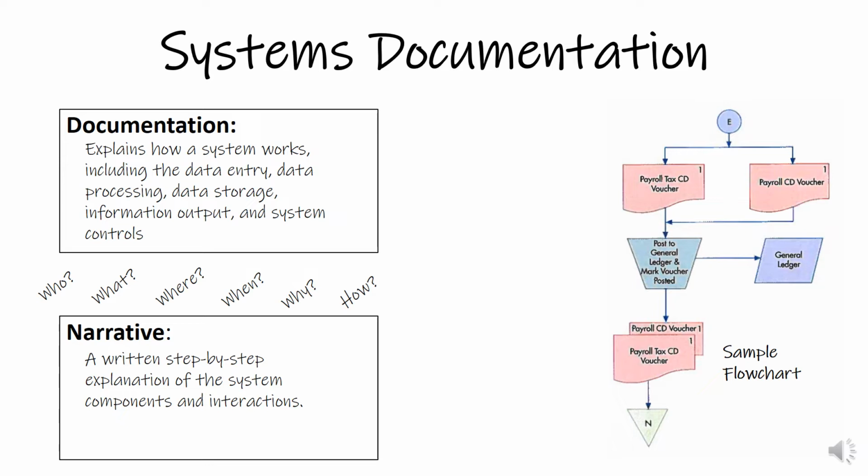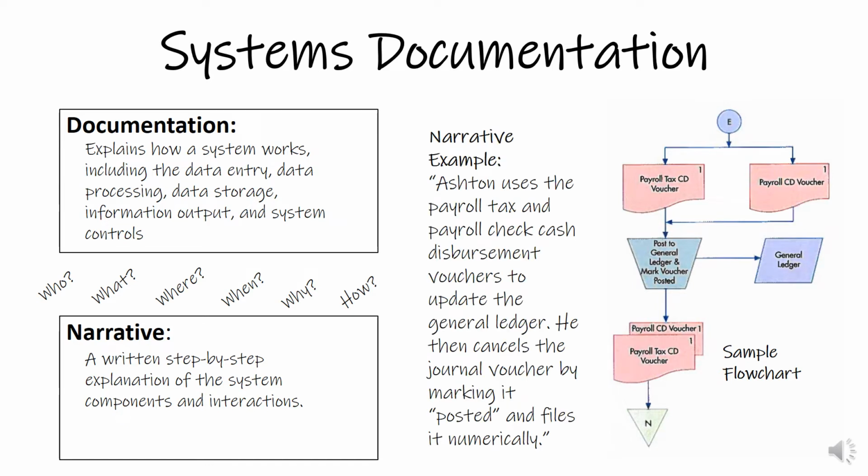Without the narrative, the documentation is only so clear, but when you add the narrative, it becomes a great deal more obvious what is going on. Again, both the systems documentation and the narrative are an important component of systems documentation.